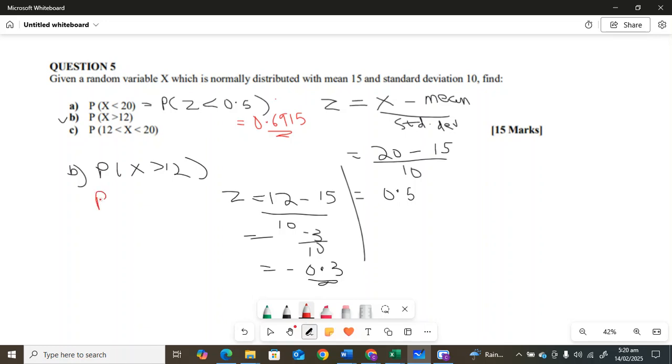So this becomes P(Z greater than negative 0.3).